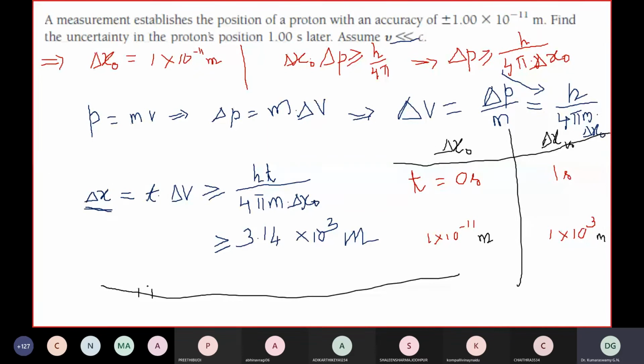This is the small distance delta x, within which the proton exists. This is at 0 second. The next moment, that is after 1 second, we see proton can exist anywhere between 1 kilometer. Sorry, not 1 kilometer. It is 3 kilometers. Anywhere between 3 kilometers.